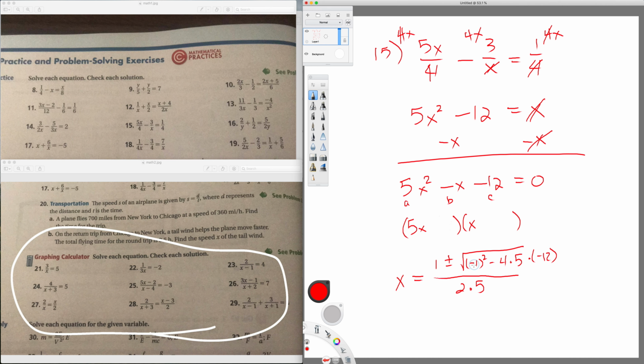What is that? 1 plus 240 is 241. I don't know that this is going to be very pleasant.